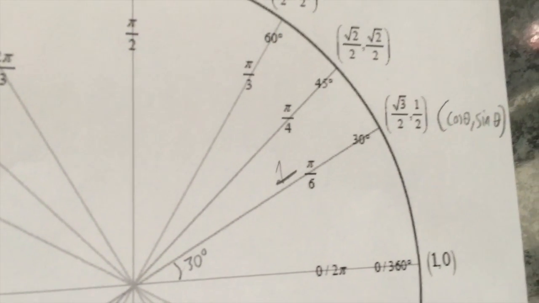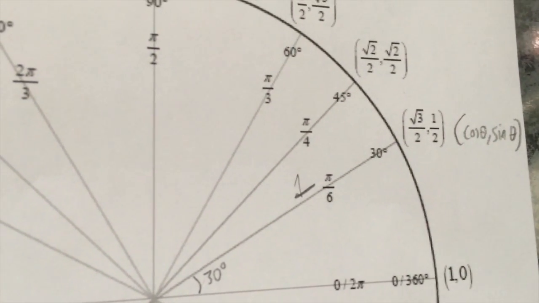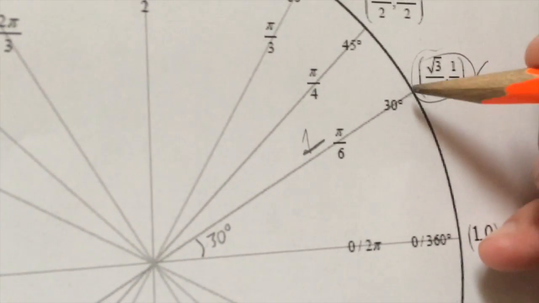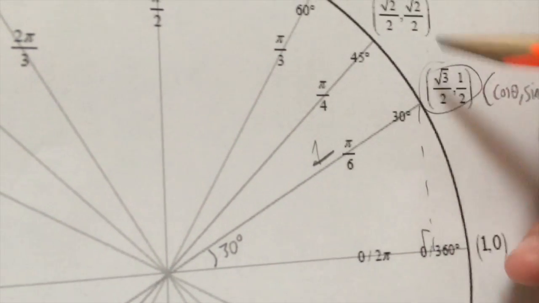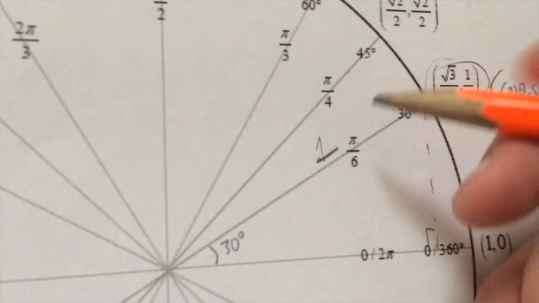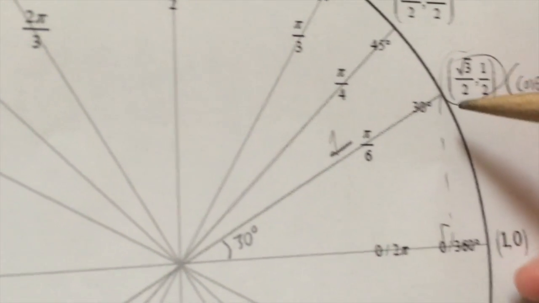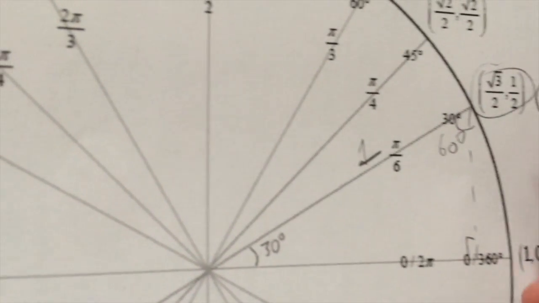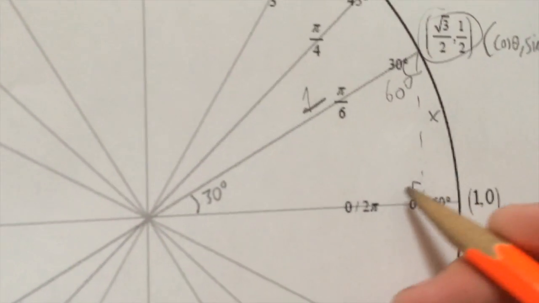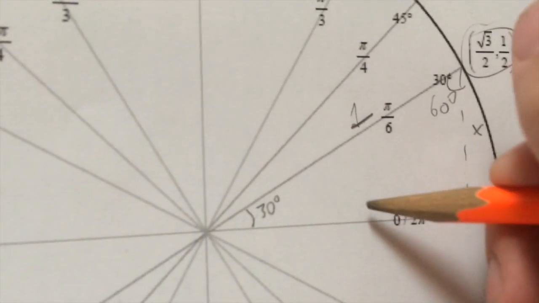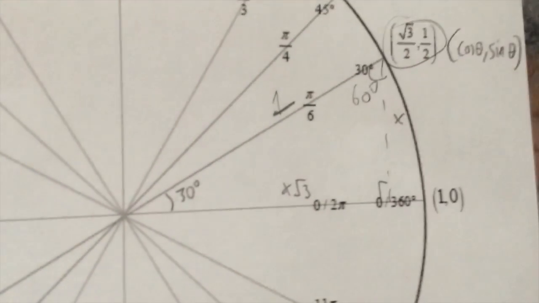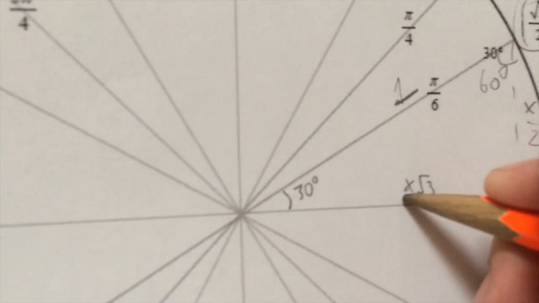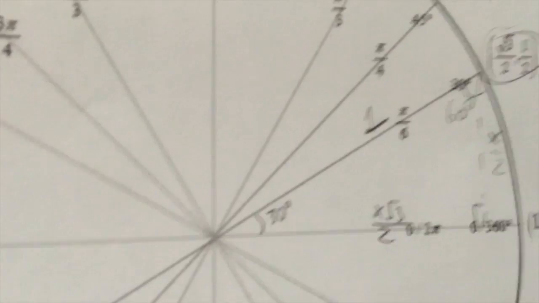To find the points of this value right here, you're going to want to make this a triangle so it's easier to figure out what you're doing. In 30-60-90 triangles, you have an x and an x root 3. In this case, the hypotenuse is going to be 2x, so we're going to have x over 2 and x root 3 over 2.